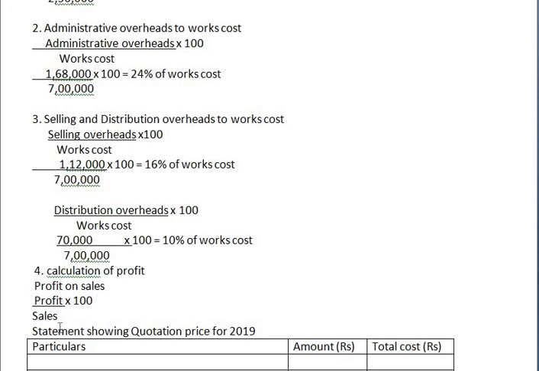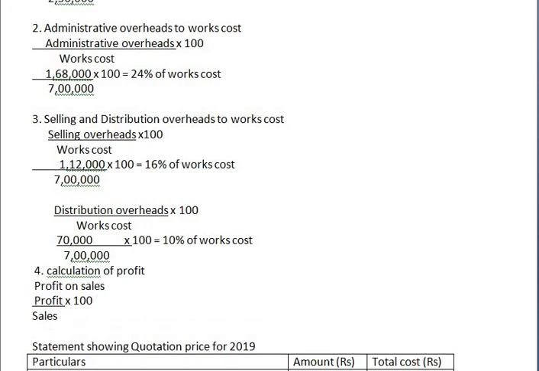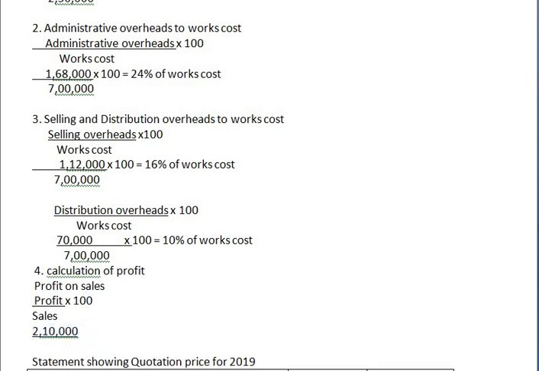Here profit is 2,10,000 divided by sales 12,60,000 into 100.